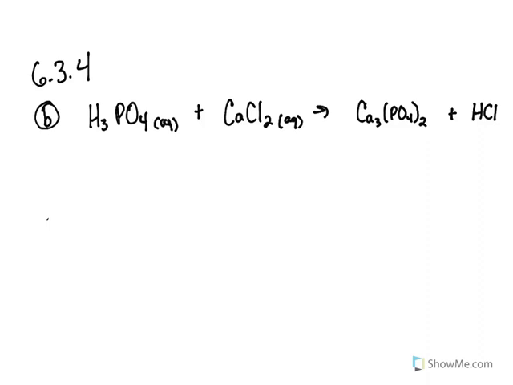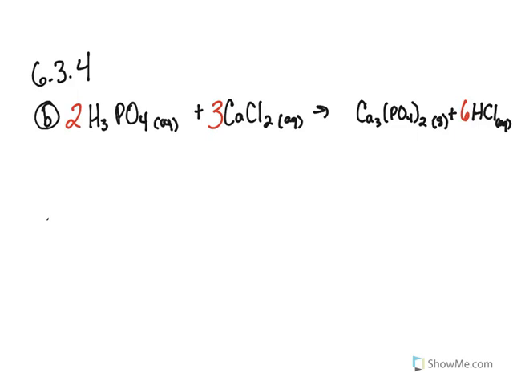And if I look again at my solubility rules that are in this section, I'm going to see that calcium phosphate is going to produce a solid and HCl is going to be aqueous. And then I can go ahead and balance the equation. I need 2 phosphoric acids, 3 calcium chlorides, and 6 hydrochloric acids.